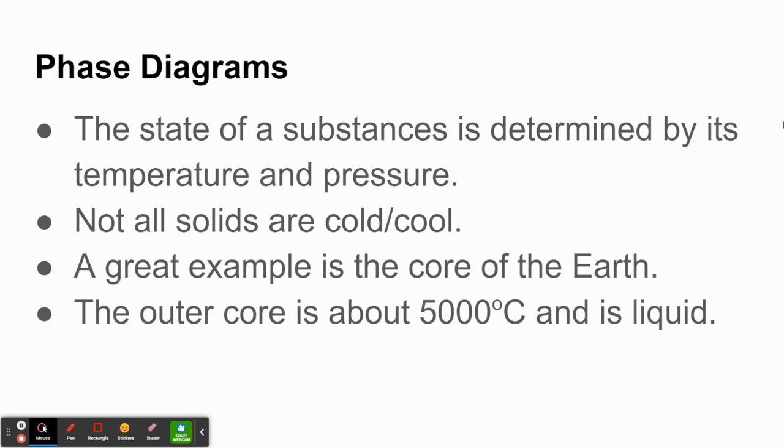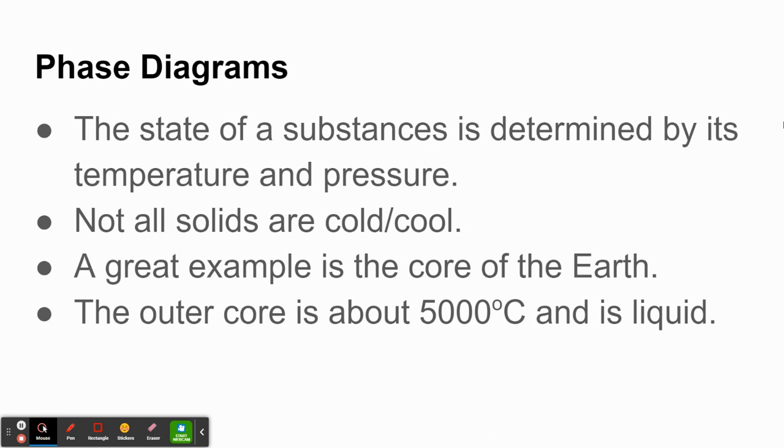All right, so phase diagrams, again, we talked a little bit about how you can get a solid piece of ice at temperatures even above the freezing point. Or you could get liquid water at temperatures even above the boiling point. And you do this by manipulating pressures.